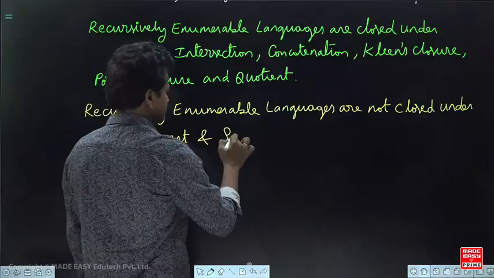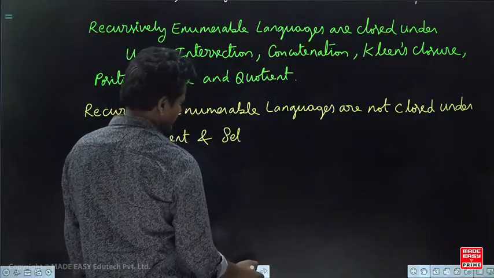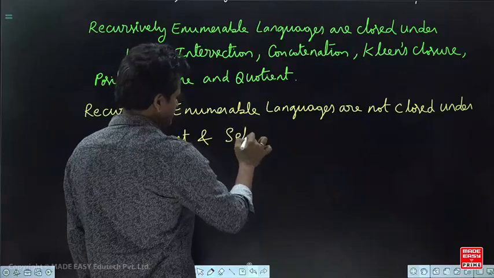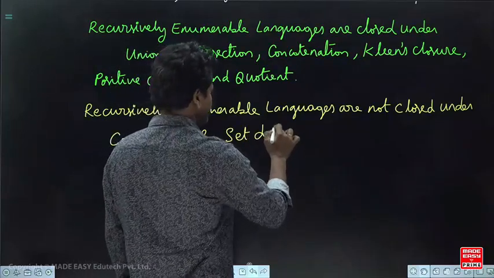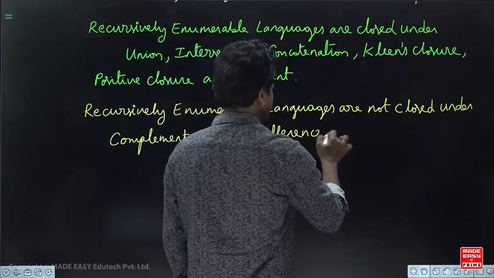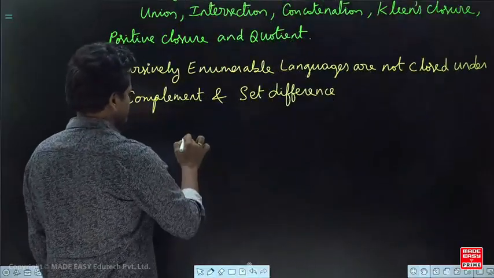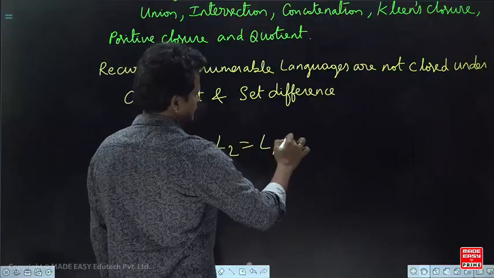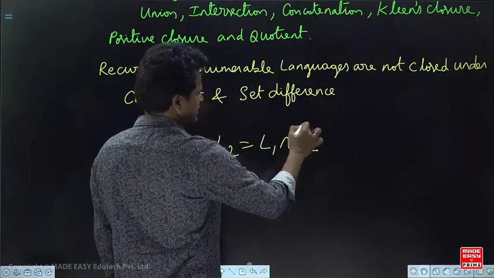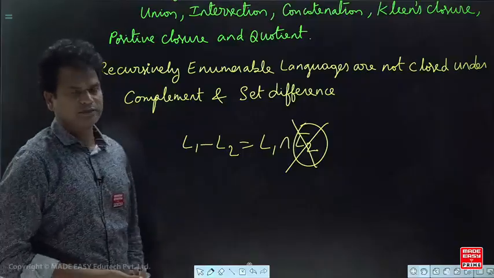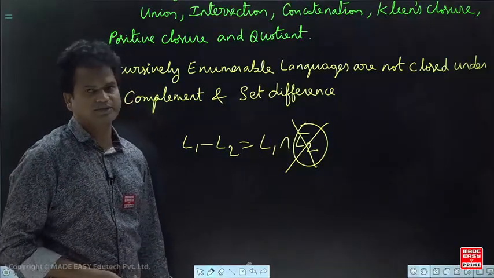and set difference. Remember, whenever a language is not closed under complement, it is automatically not closed under set difference also. Why? Because what is L1 minus L2? L1 minus L2 is L1 intersection L2 bar. When it is not closed under complement, then how can we say that L1 intersection L2 bar is closed?